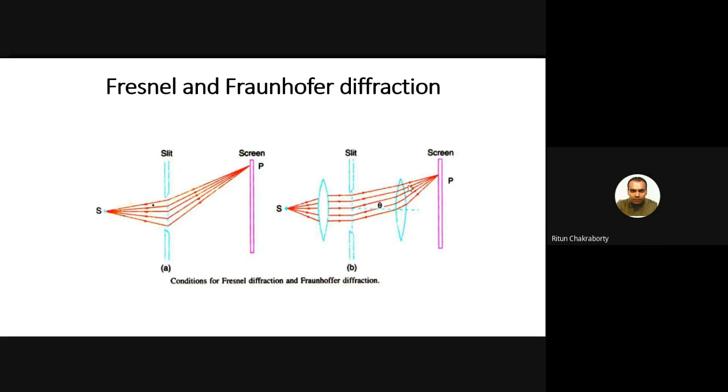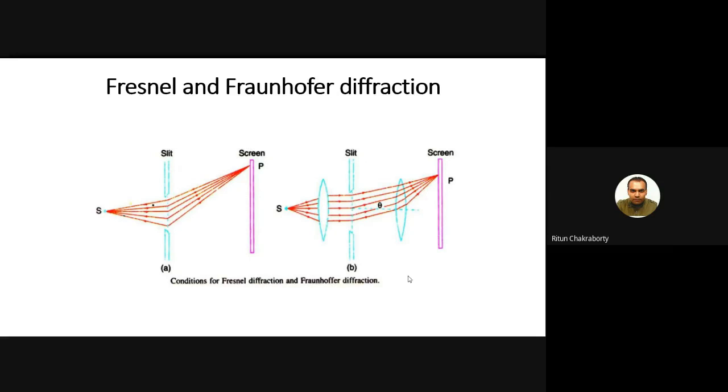In that case, the rays will get... what is that word? Converge. Sorry, I forgot the word. In that case, the rays will be converged by this second lens, and they can be collected at a given point on the screen. Suppose that this given point is P.